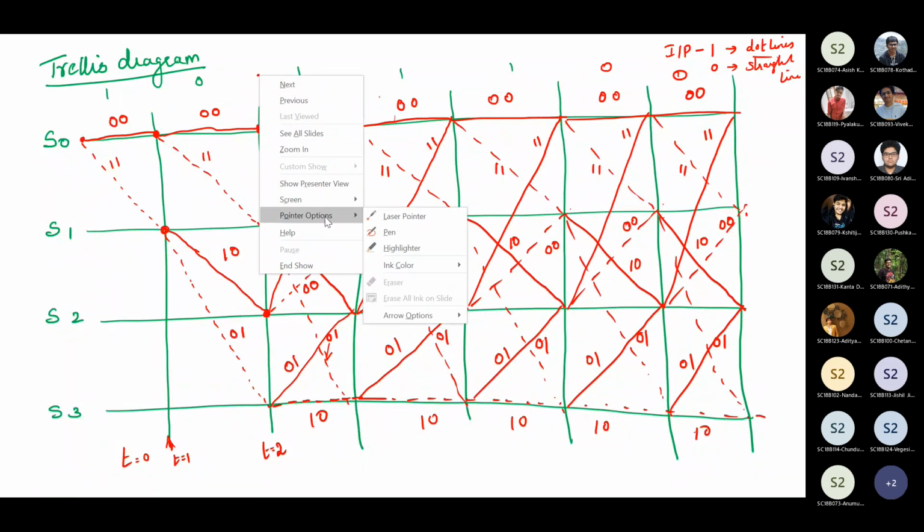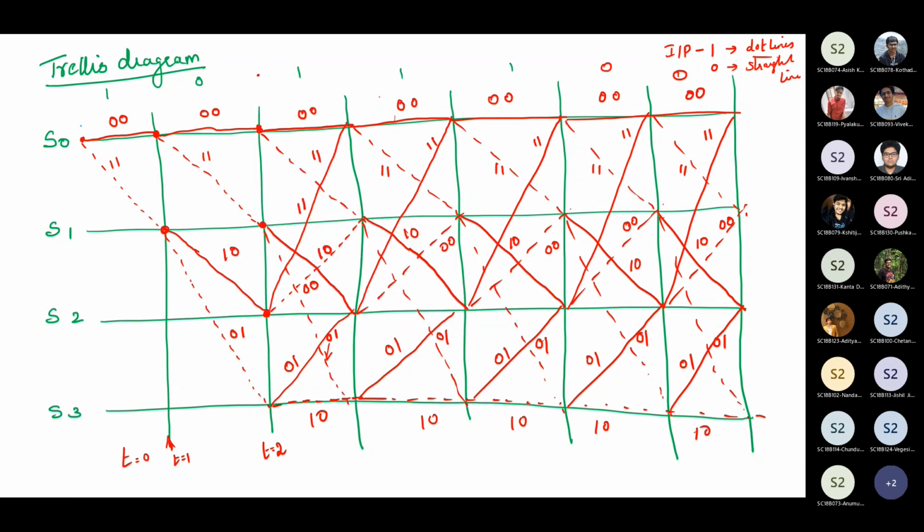The number of t steps depends upon the length of your input bits. So we start here. The first input is 1, so now we are in the S1 state. Next is 0, and 0 means a solid line.